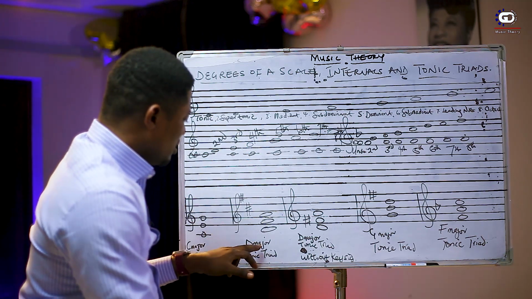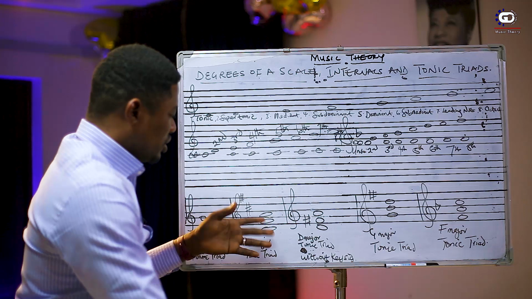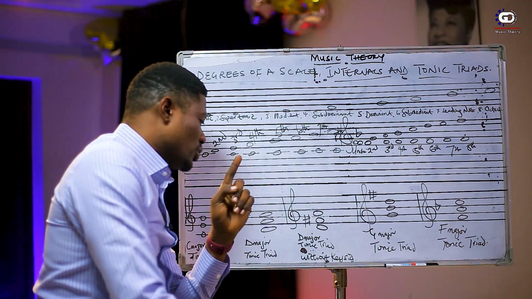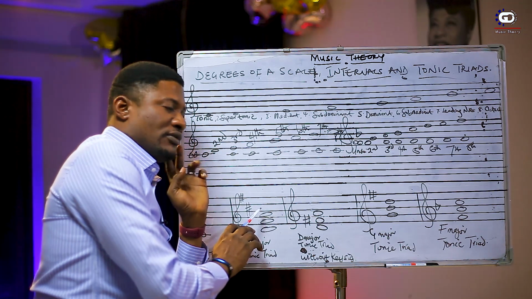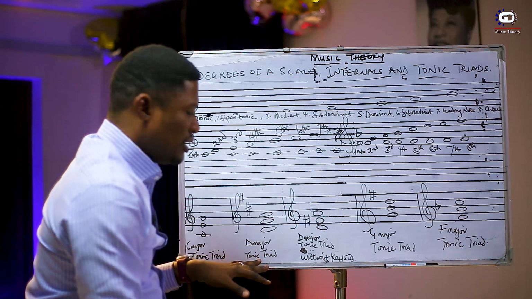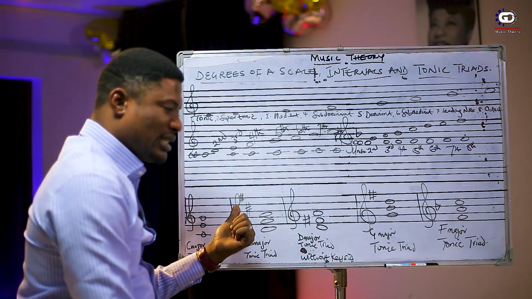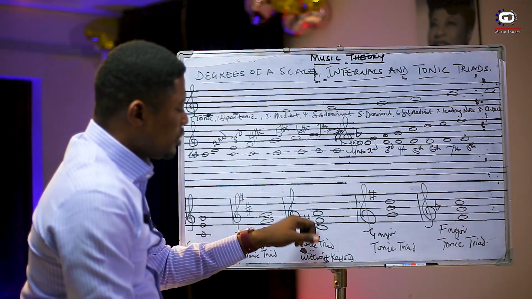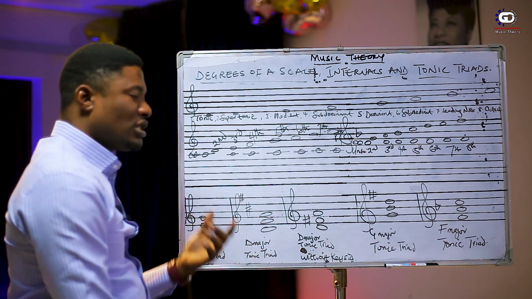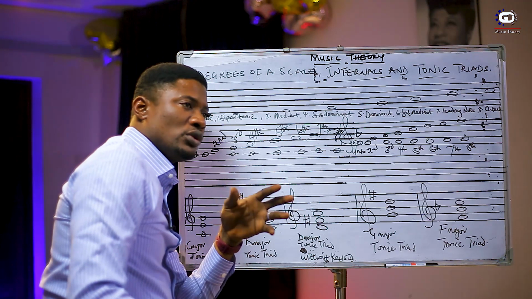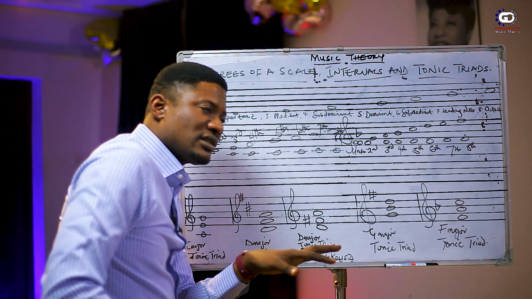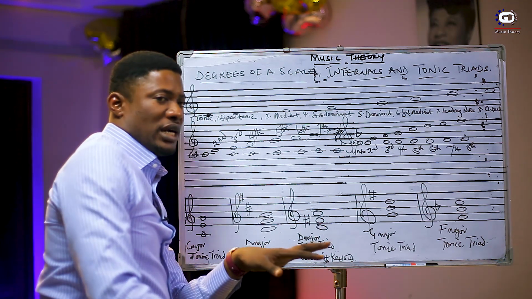Now the next is D major tonic triad. The D major tonic triad has the first note as D, the third note as F sharp, and the fifth note as A. Now what you have here is tonic triad with key signature. I intentionally put this as tonic triad with key signature because sometimes you need to be careful to know whether the key signature affects the notes of that triad or not.